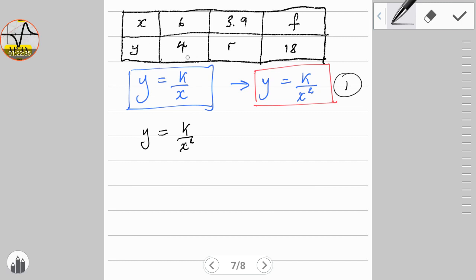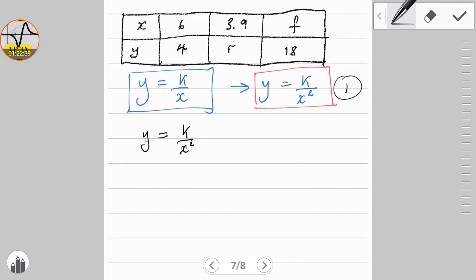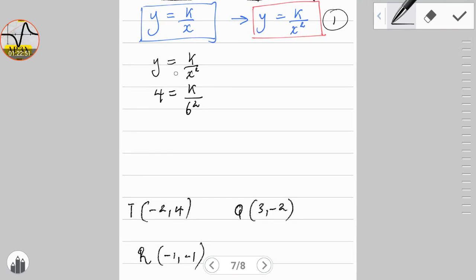Now if you look at this first part of the table, you're told that x is 6 and y is 4. So we're going to replace y here with 4. We obviously do not know what k is because that's what we're searching for. And we have x equal to 6, but it becomes 6 squared. I had one student who wrote the square of x as the square root of x. Square root and square are different, so you have to make note of that, guys.